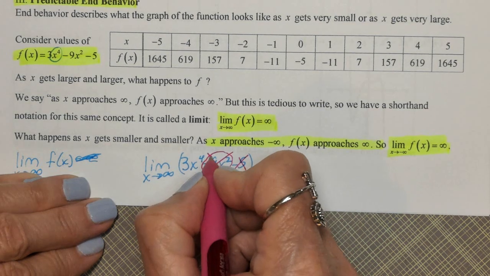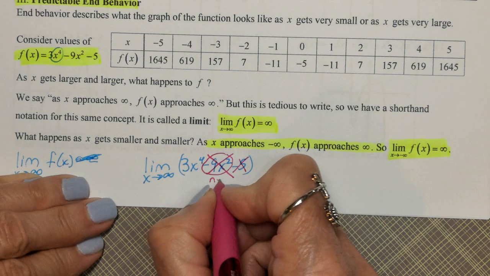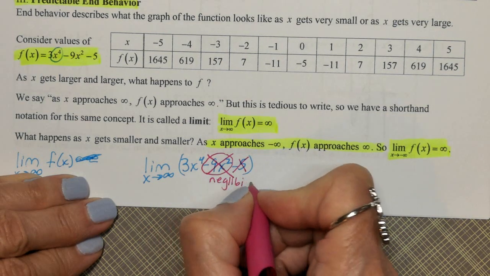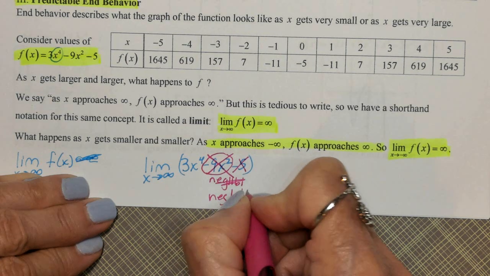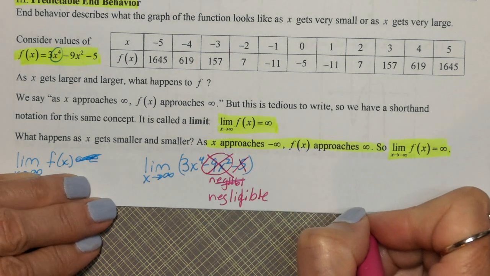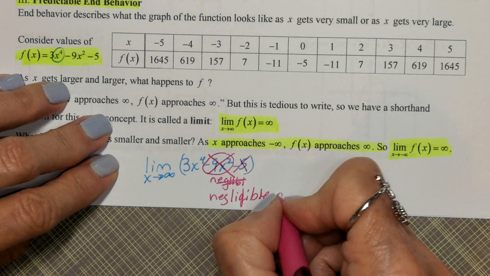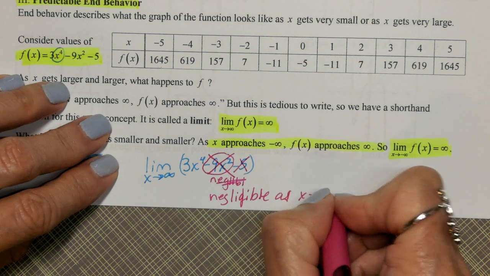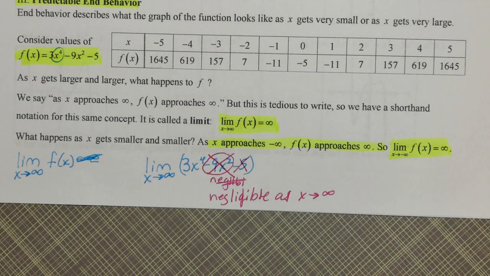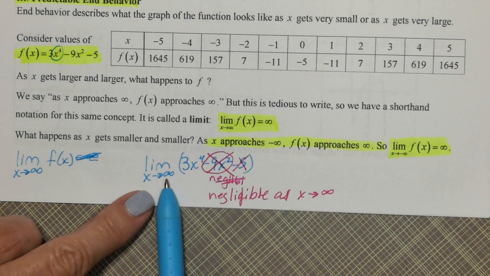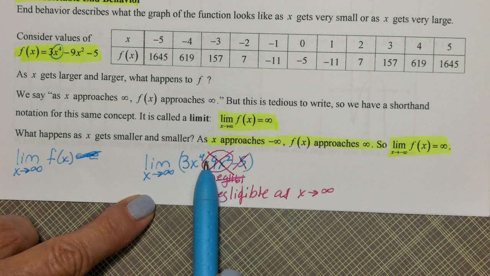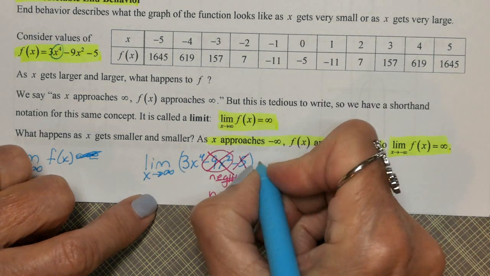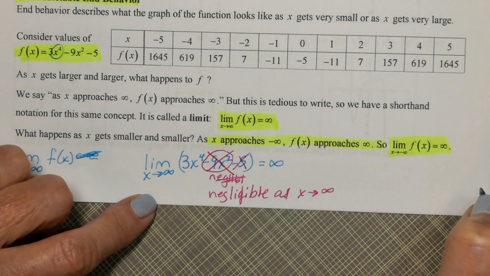These are both negligible as x goes to infinity. So I'm putting a very, very large number in for this x, then I'm raising it to an even power. It's still going to be positive, true? This is infinity.